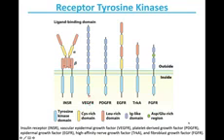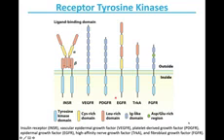The receptors for EGF or EGFR and PDGF, for example, have structural and sequence similarities to INSR, and both these receptors have a protein tyrosine kinase activity.